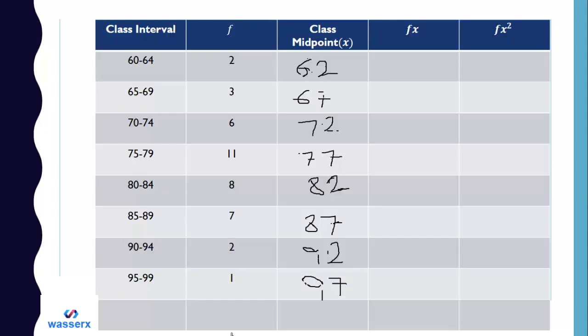Next we multiply 2 by 62, 3 by 67, 6 by 72 in that order, and then we obtain something like this.